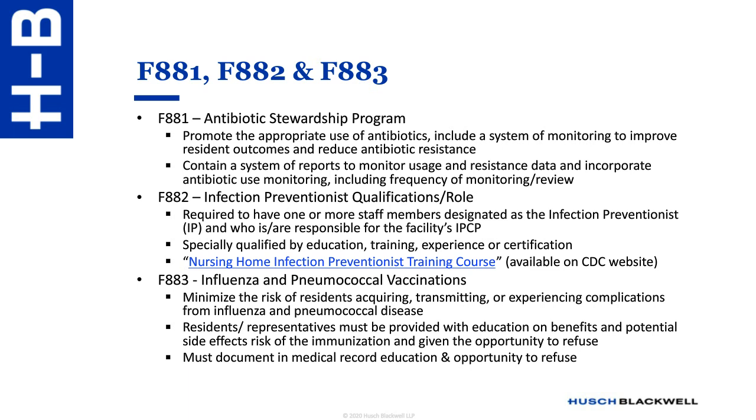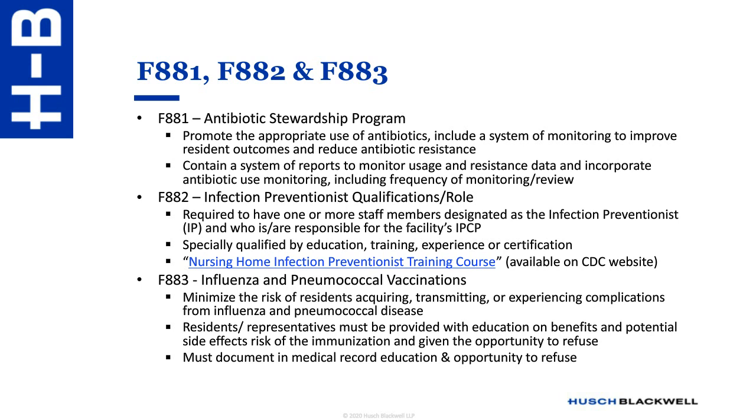And then finally, with respect to F883, influenza and pneumococcal vaccinations are meant to reduce the risk of residents acquiring or transmitting these types of diseases, providing education to the residents on the benefits of treatment and potential side effects of the vaccinations, and also requiring documentation in the medical record regarding this education and treatment.